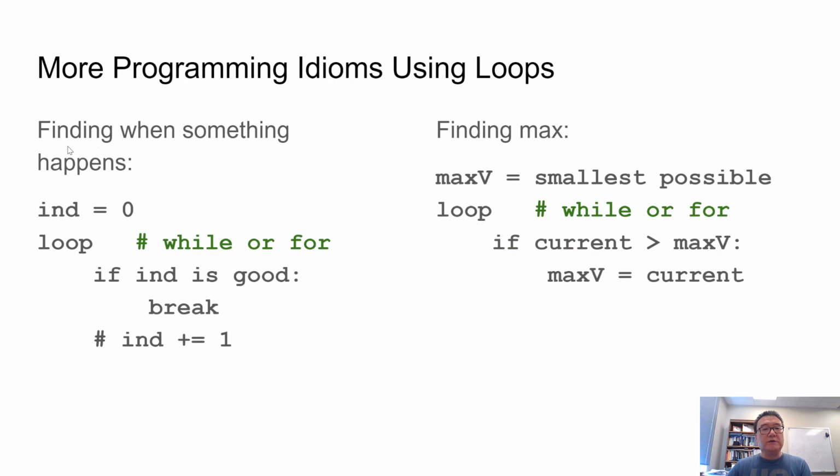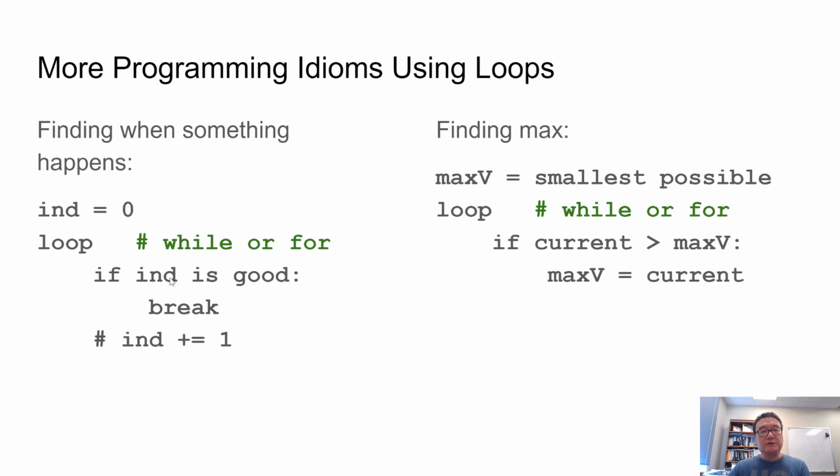So also we can be trying to find when something happens. So this when typically will be represented by indices. This could be an index into a list to find out where the element first appears, if it appears, or it could be an integer. We find out the first i that satisfies some condition. So again, there will be an initialization of this value, and then we will be doing some looping, and we will exit the loop whenever we see something actually happens.